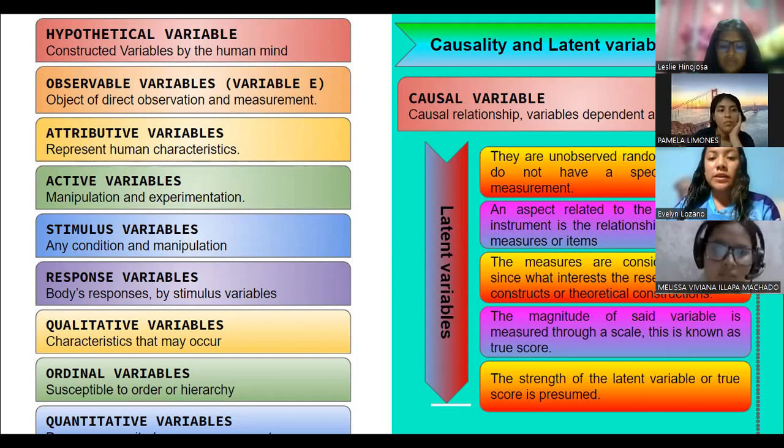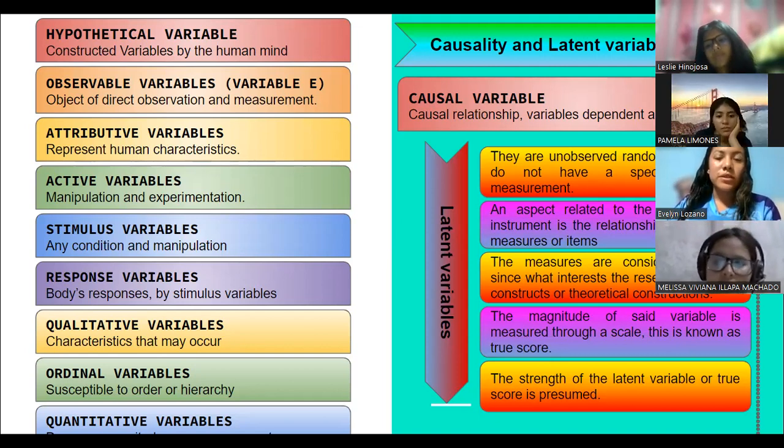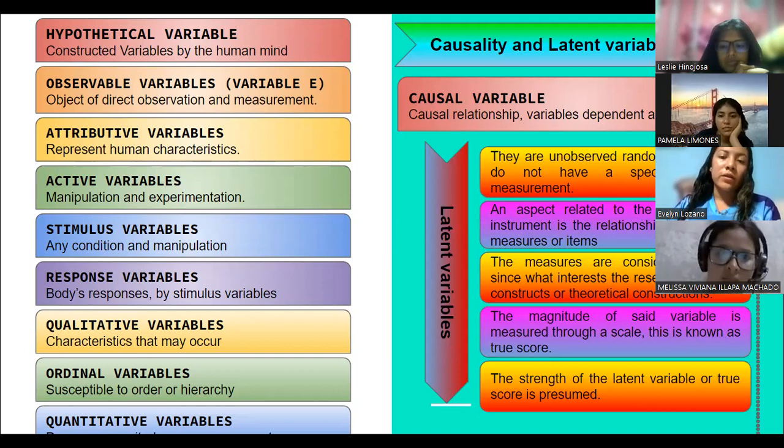The magnitude of the latent variable is measured through a scale. This is now a true score, and the magnitude of the strength of the latent variable, or true score, is measured as the cause for the items reaching a certain value.